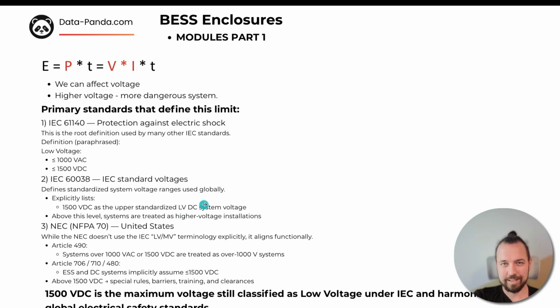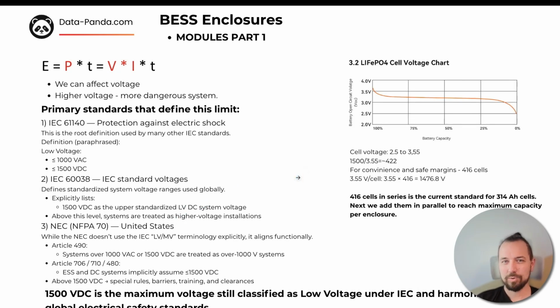Now let's translate it into cells and module design. On the right, you can see a typical LFP cell voltage curve. It shows what our voltage will be depending on the battery state of charge. 3.2 volts is the nominal LFP cell voltage, and it operates between 2.5 and 3.55 volts.